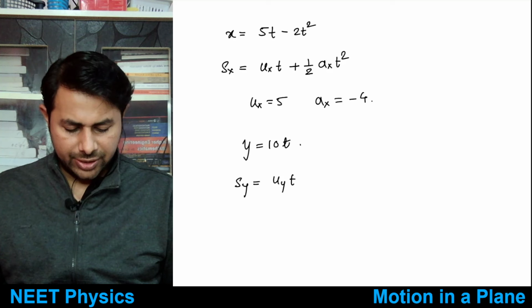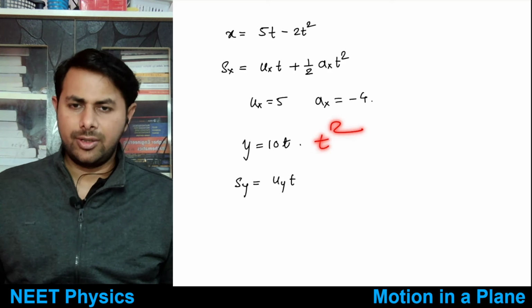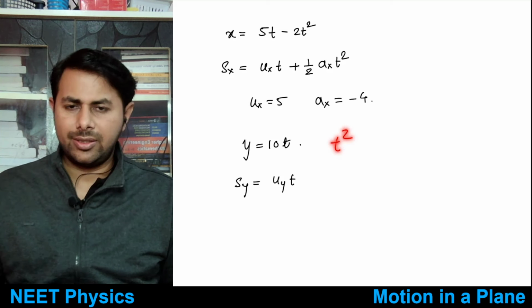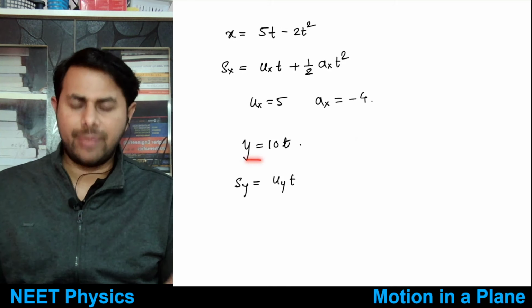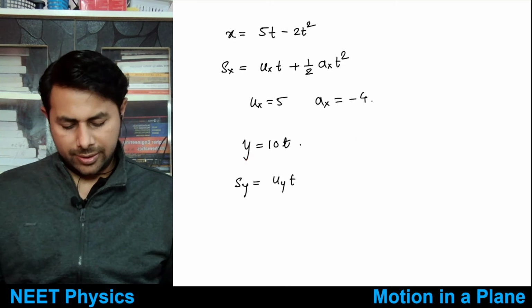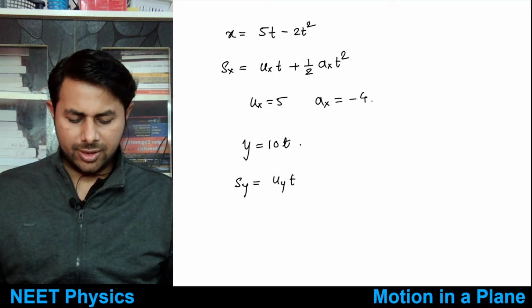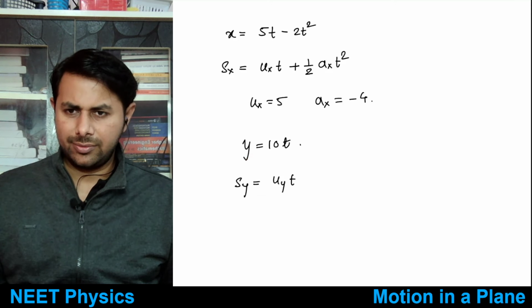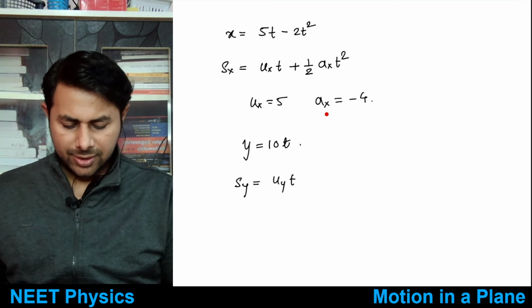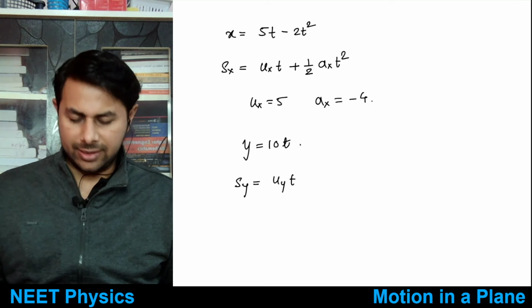And acceleration is 0 because there is no square term in the equation of displacement, or you can say the position, right? This thing is clear? Yes, no, right? So this is how you can quickly find out the acceleration.